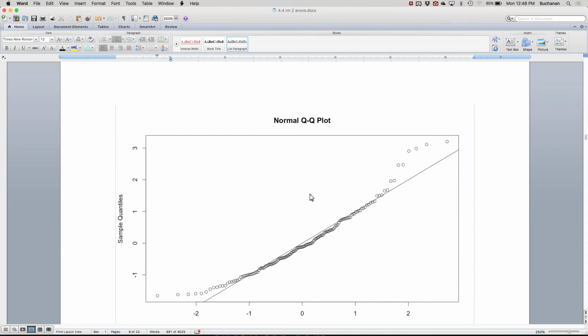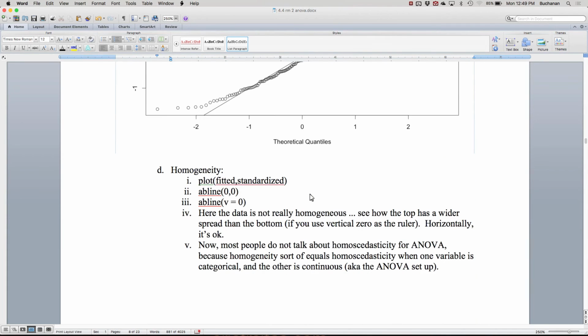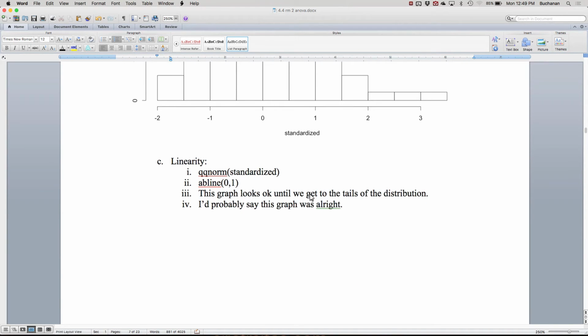But it's past 2, and that's 2 standard deviations out. So I'm kind of like, meh. So mostly, this -2 and 2 rule is pretty common. Mostly the things between -2 and 2 should be pretty close to the line. So I'd say this one's okay. Maybe a little iffy. Like, what did I say here? I was wishy-washy.